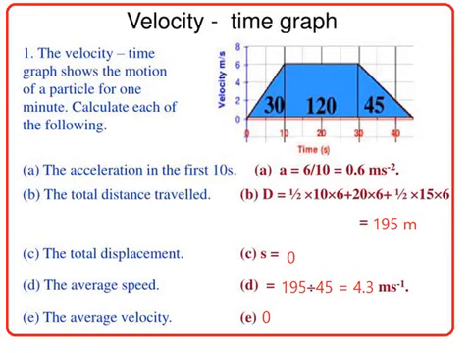Then the average velocity will be 0, because the displacement is 0, so the average velocity will also be 0. This is a very important problem which is frequently asked by the board. So get prepared with this type of example and solve it on your own, children.